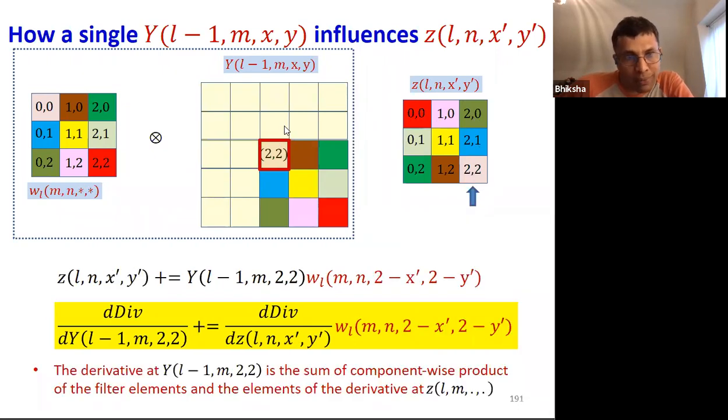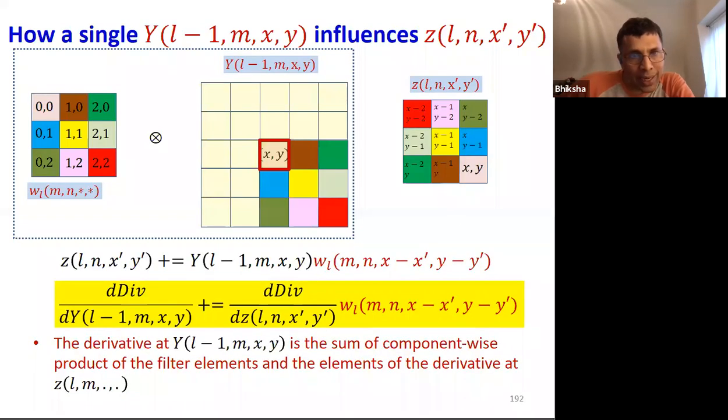Or more generally, if I were to be looking at any xy position, then if you work through the arithmetic, you'd get exactly the same thing. You'd be flipping the filter left, right, top, bottom, placing the filter with the bottom right corner at xy on the z map, and then computing an inner product, and that will give you the derivative at xy for the y map.